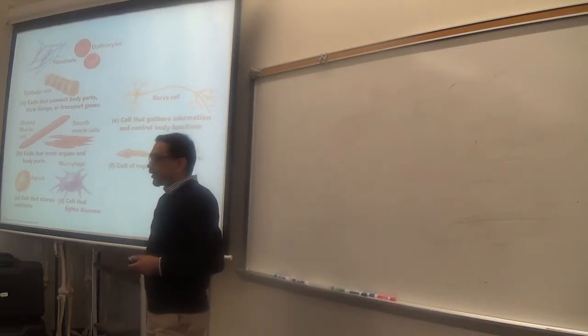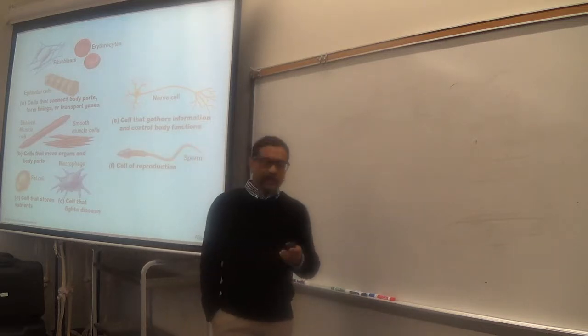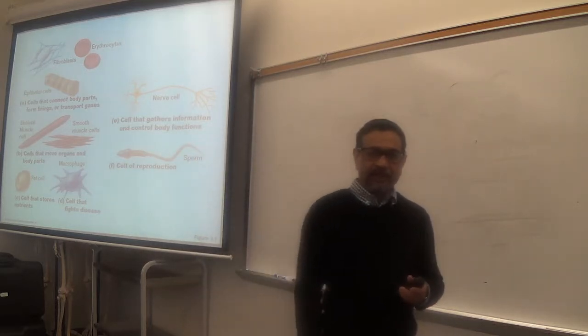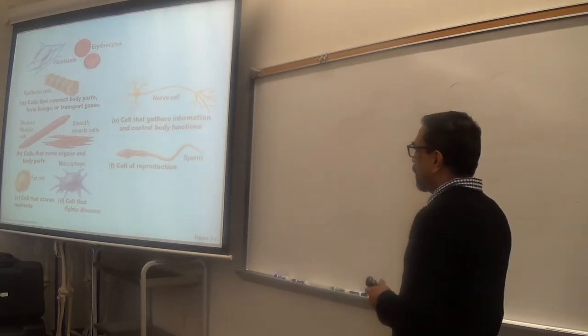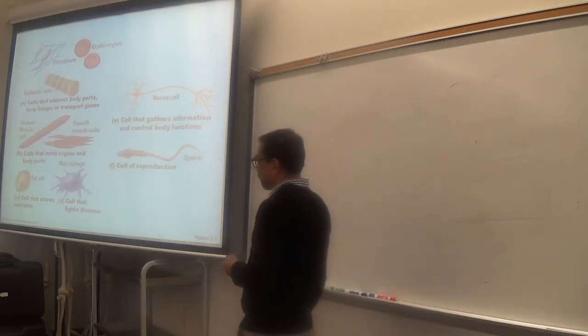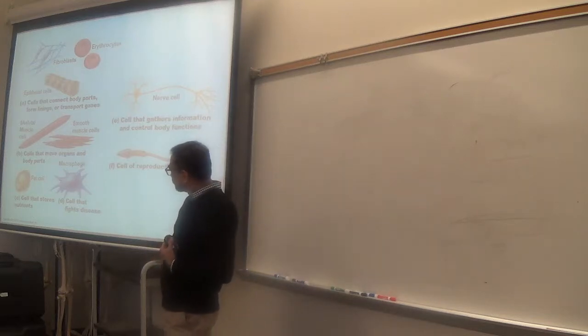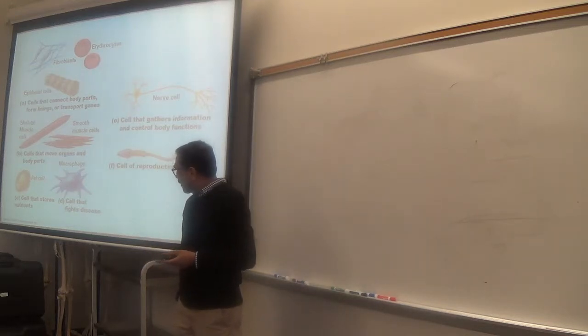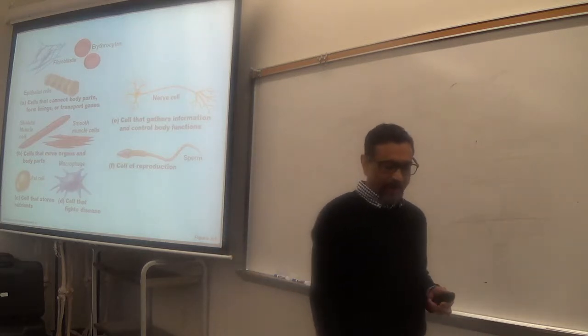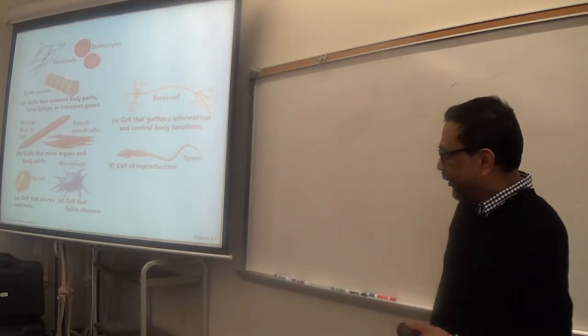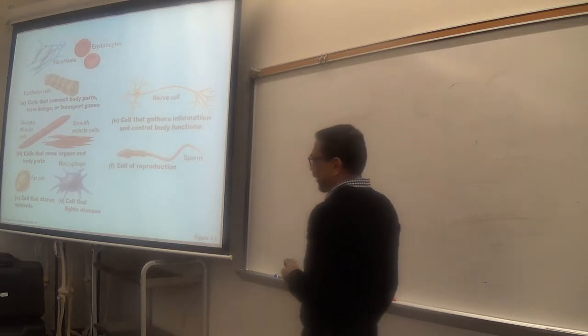Next one is a cuboidal epithelial tissue. So you see five cubical shaped cells, epithelial cells. Okay? If you go down, those two, left side's big one, red color, that's a skeletal muscle cell.